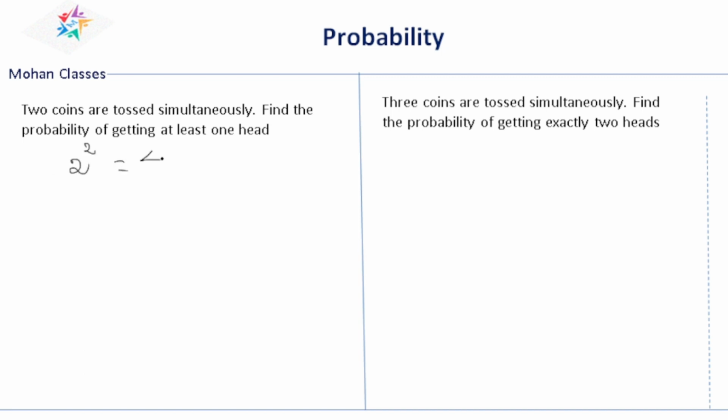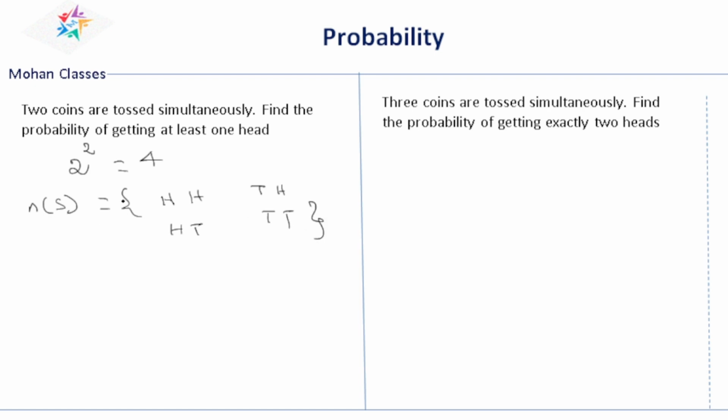This is the total possible outcomes. Now we have to find the favorable outcomes. It is 4, so we have to write 2 heads and 2 tails. So here H, here tail. Here H, here tail. So these are all the 4 outcomes.